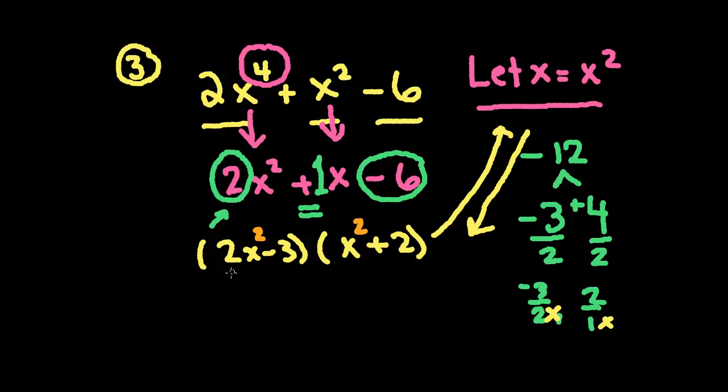And now I look at what I have left and see, can I factor 2x squared minus 3? Well, it's a difference problem, and it's 2 terms. So if I have 2 terms, I know I'm going to look for difference of perfect squares or difference of perfect cubes. It is not either of those cases, so I cannot factor this.